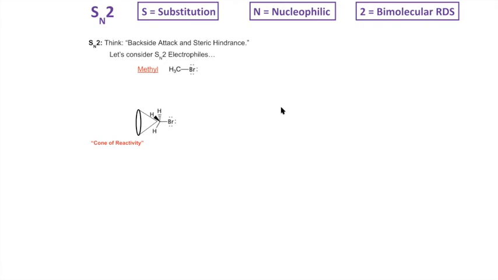Then a nucleophile, even this nucleophile, which has a lot of steric hindrance opposite the oxygen that does the reaction, still thinks, oh, this methyl electrophile, nothing but room. I might miss sometimes and hit the hydrogen, not making the cone, but a lot of times I get right in that cone of reactivity.